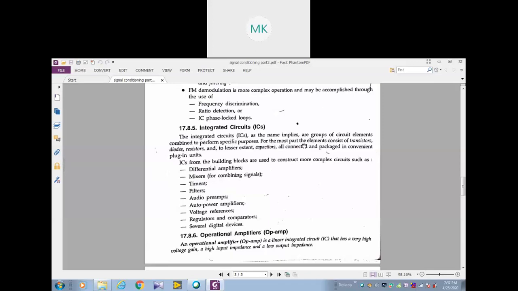For the most part the elements consist of transistors, diodes, resistors, and to a lesser extent capacitors, all components packaged in a convenient plug-in unit. So everything is packaged in a single silicon die. ICs form the building blocks used to construct more complex circuits such as differential amplifier, mixer, timer, filter, audio preamplifiers, audio power amplifiers, etc.